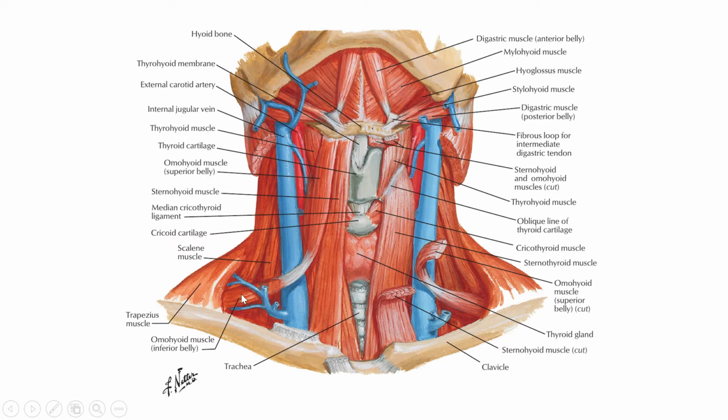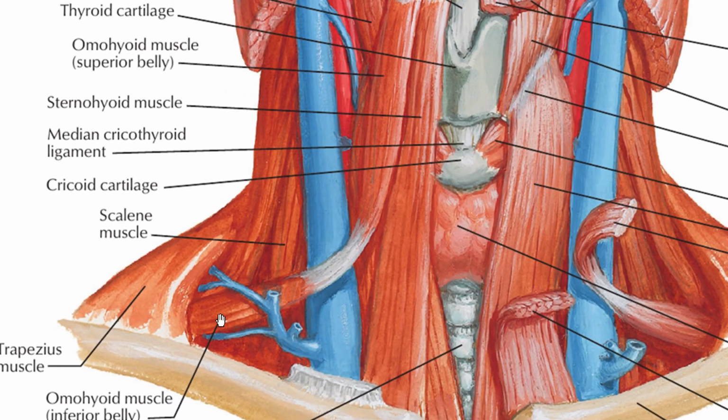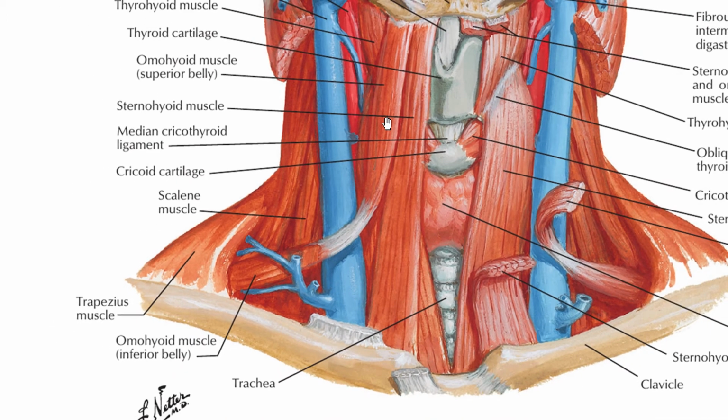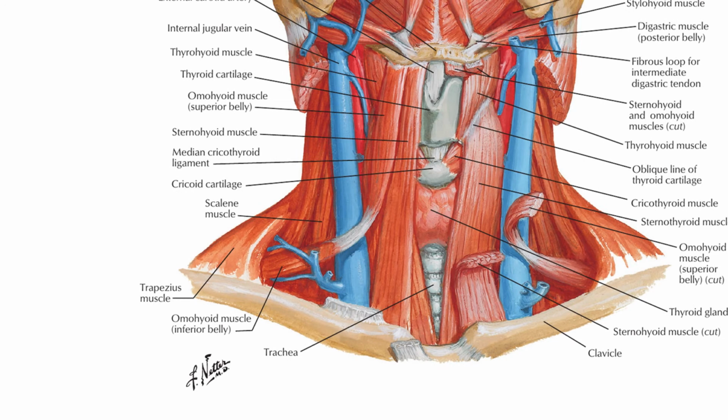This muscle has two bellies, two fleshy parts. This is the inferior belly of omohyoid muscle. Then we have the intermediate tendon, then the superior belly of omohyoid, which moves upward and attaches to the inferior border of the hyoid bone. This is the hyoid bone.